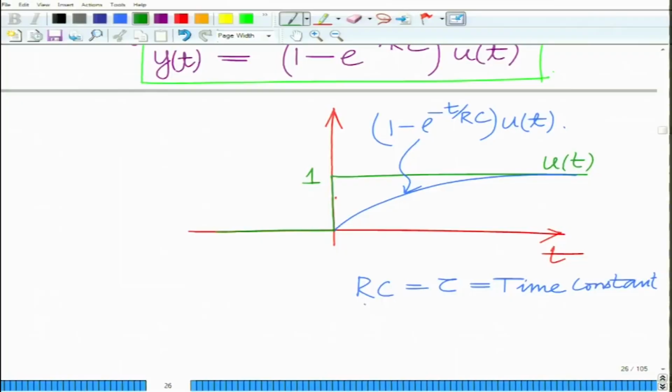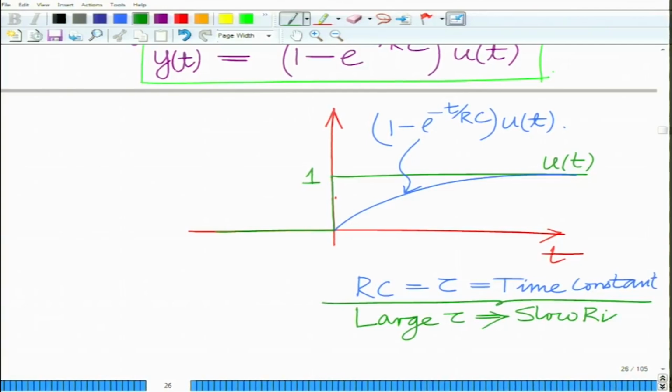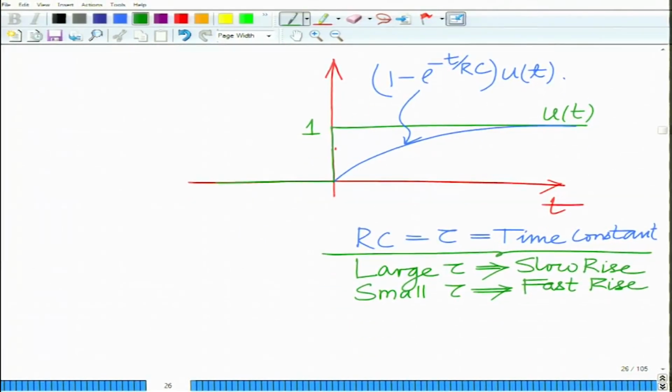So, a large time constant implies slow rise, and a very small time constant implies fast rise. So, for a large time constant the rise is very sluggish.